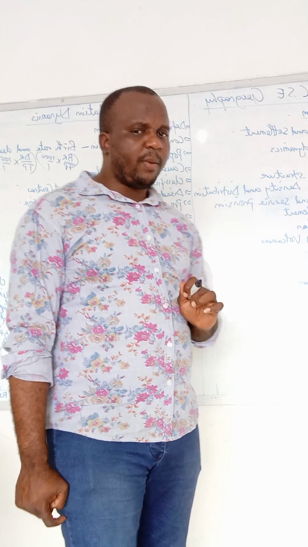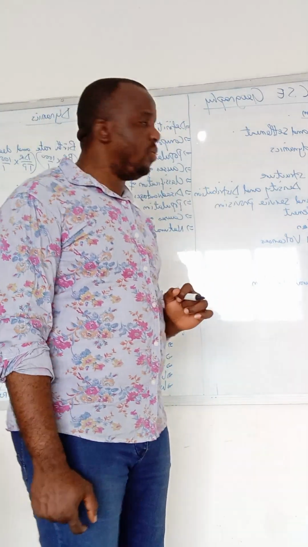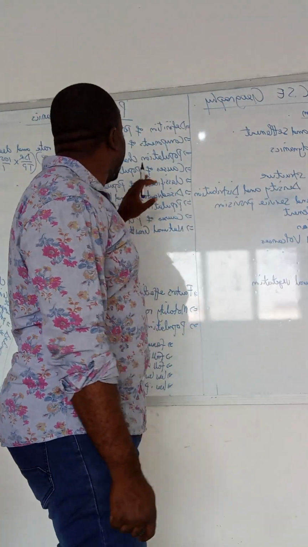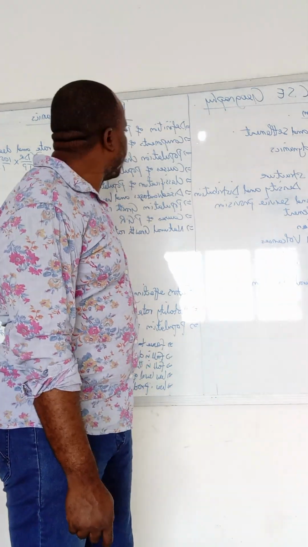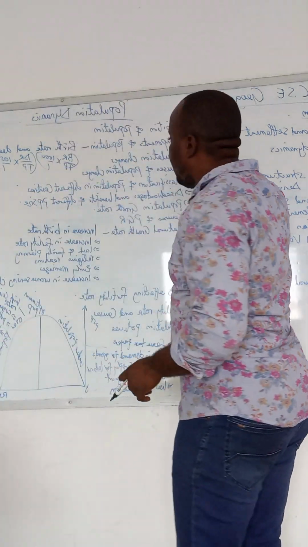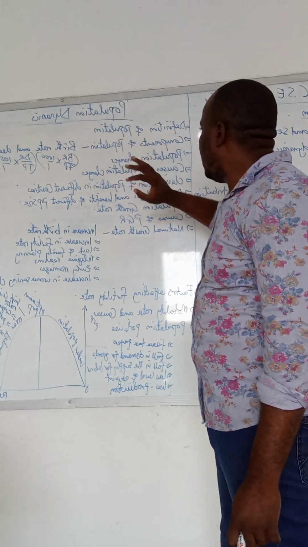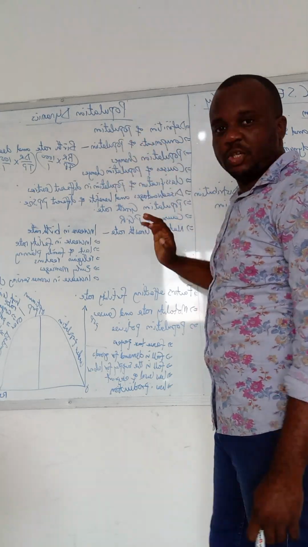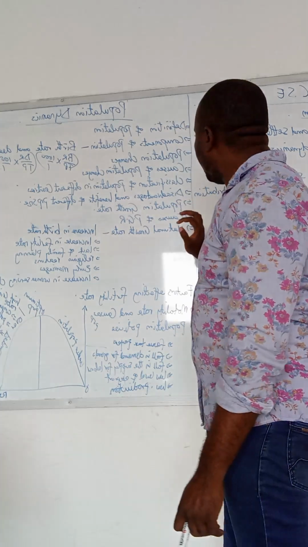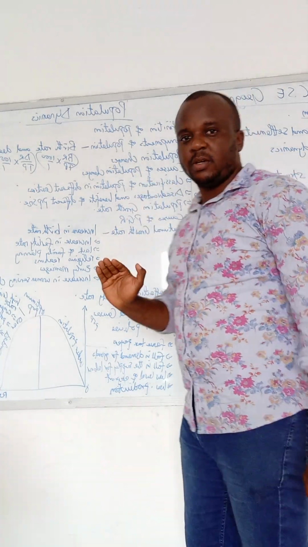Okay. Under population dynamics, what do you need to know? You need to understand the definition of population. You need to understand the components of population. You need to understand population changes. You need to understand causes of population changes.